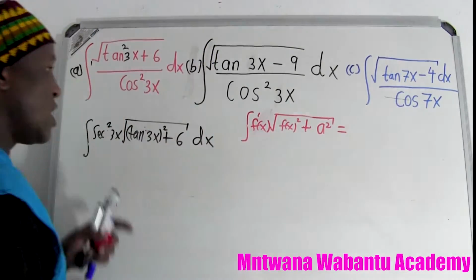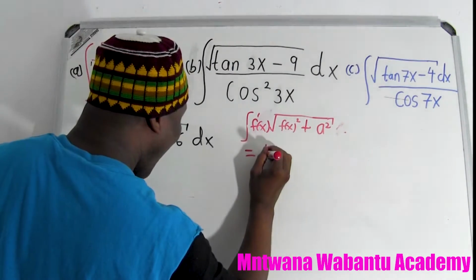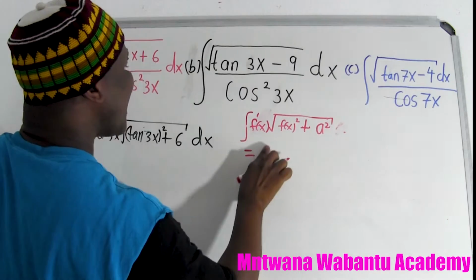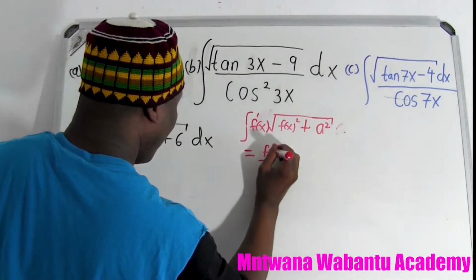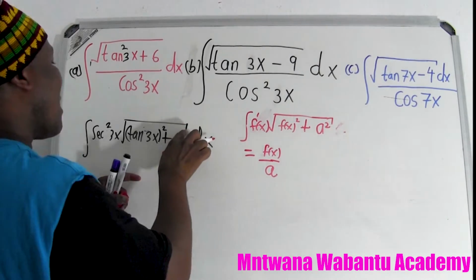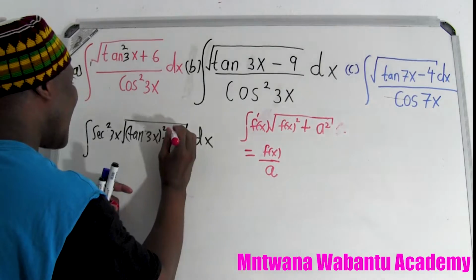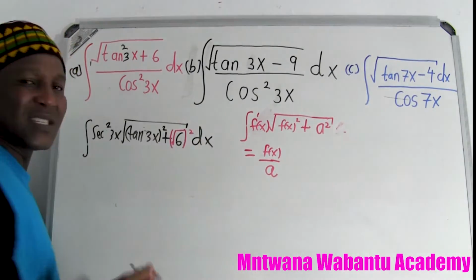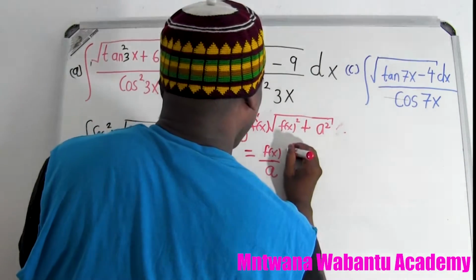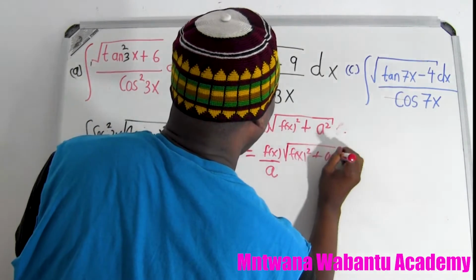This is going to give you equal to, let's write equal to at the bottom. This time it is equal to 1 over a times the ln of f of x over a. A means this number, but this number, remember, is not in a square. So what we're going to do, we're going to square root it, and then we're going to square, which is still going to be 6. So I'm going to say over a, and then after that we write exactly the square root of f of x squared plus a squared.